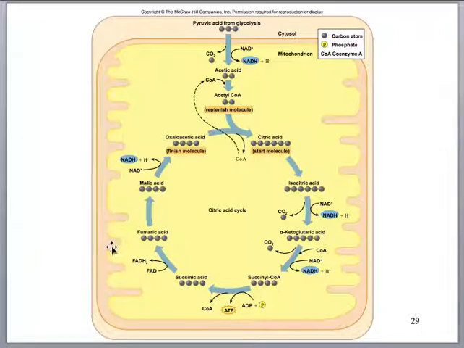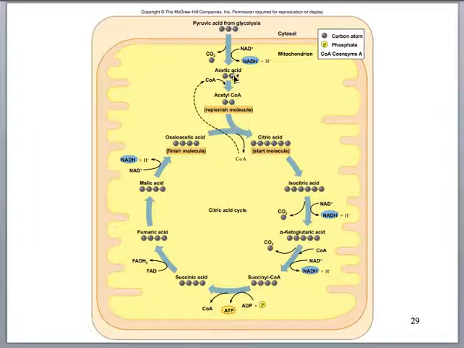The more inner membrane we have, the more electron transport machinery we can have. Now, this inner yellow portion of the mitochondria is called the matrix, and this inner matrix is where the citric acid cycle takes place, okay?